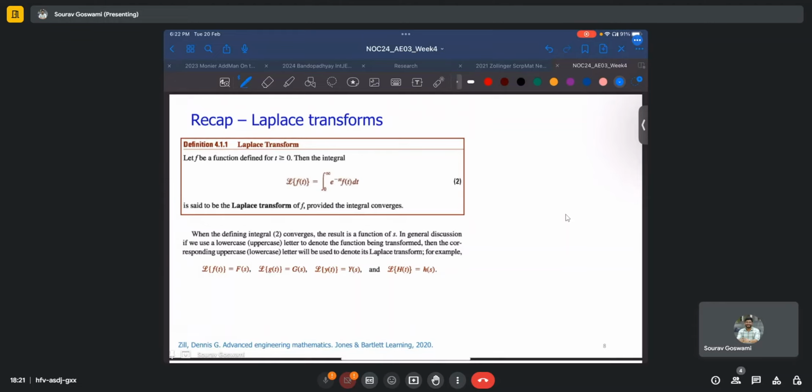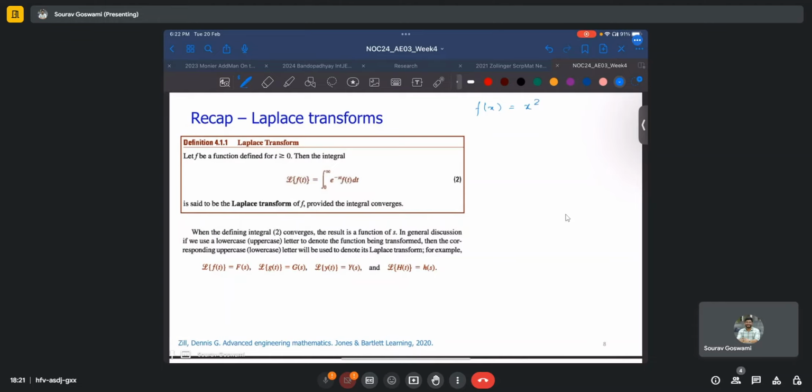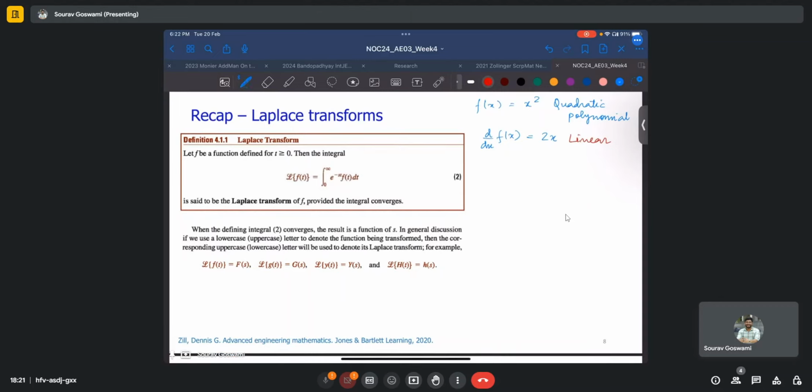So, say you have a function x squared. It's a quadratic or a second order polynomial. When I differentiate it with respect to x, I end up with 2x. Now this is linear. If I integrate x squared with respect to dx, and this is the indefinite integral, I end up with x cubed by 3 plus some constant, which is a cubic polynomial.